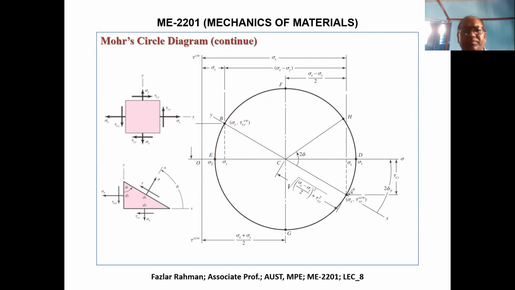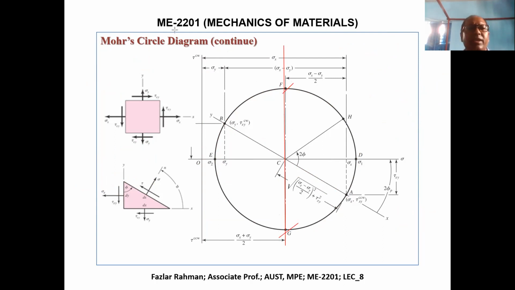Now, you got the point B, you got the point A, you draw the circle. Then what do we need to do? You draw a vertical line through the center of the circle. Then you get this intersection point, right?